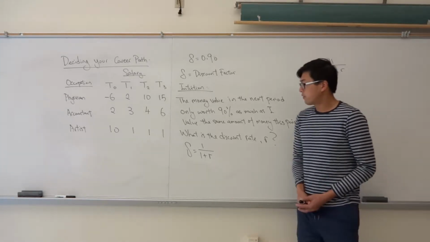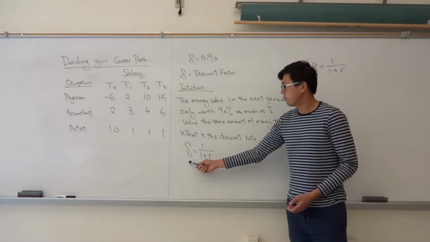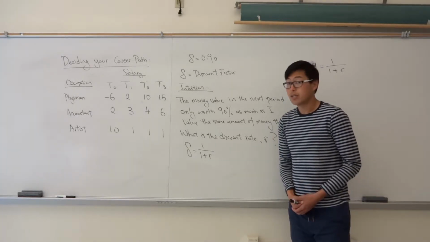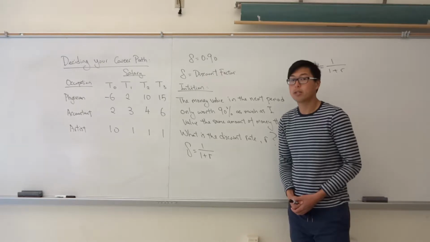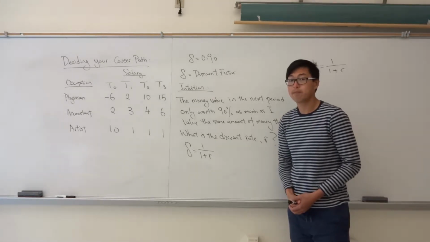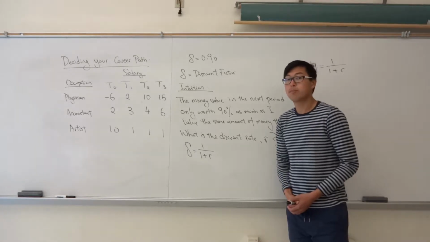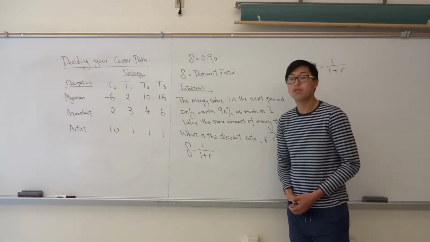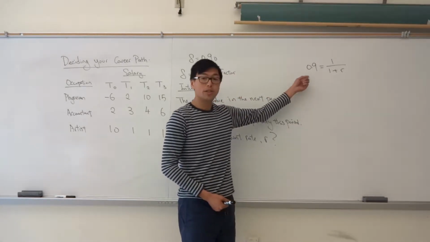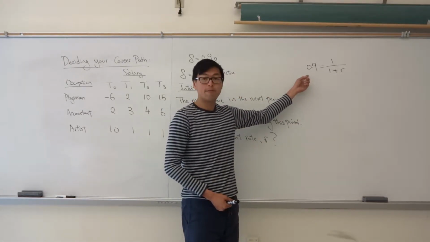The equation for the discount factor delta is equal to 1 over 1 plus R. Now it's time for you to use your basic algebra skills to figure out what the value of R is in this equation. I would strongly suggest you pause this video and try to work on this equation and solve for R yourself.